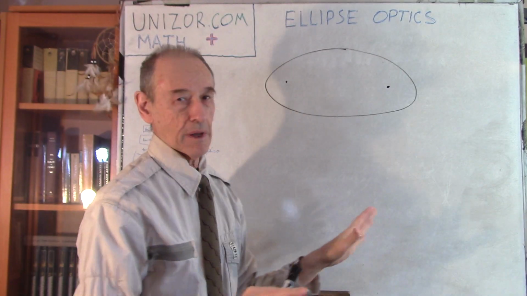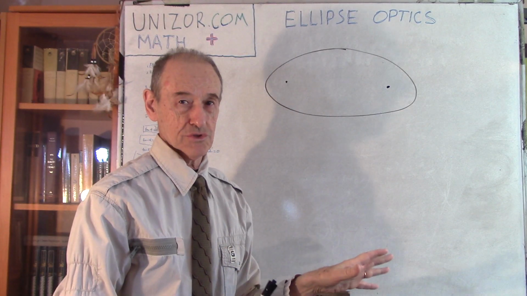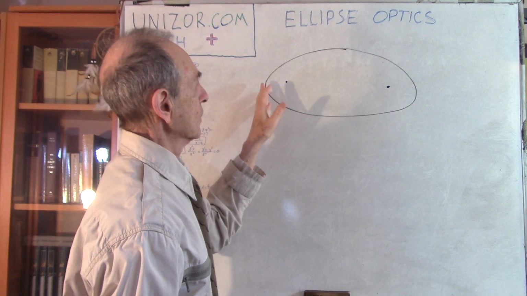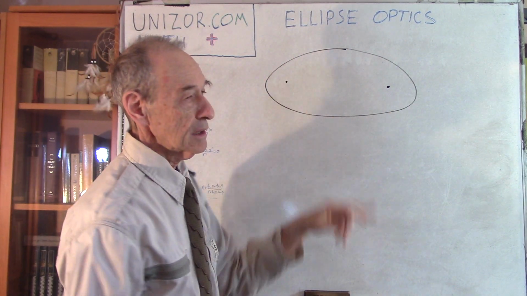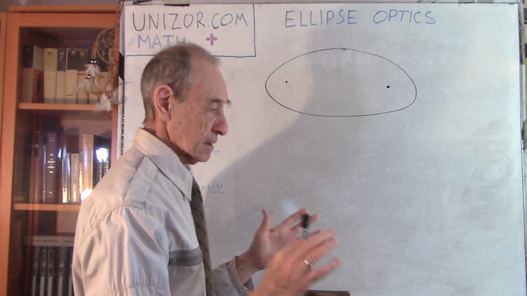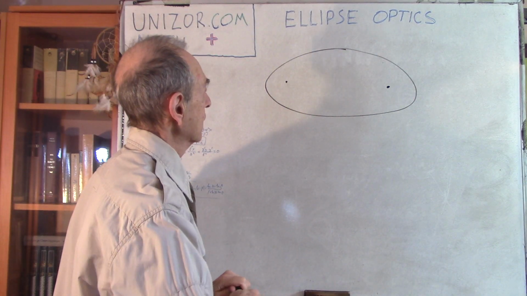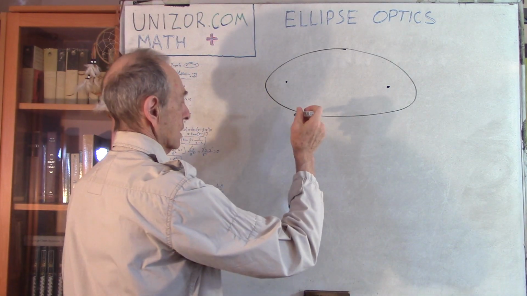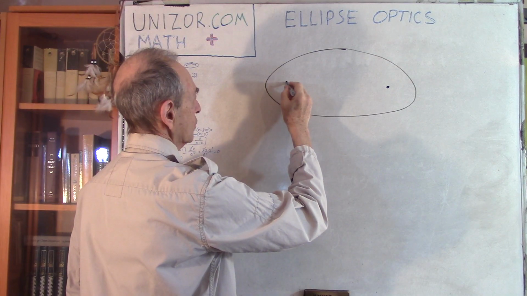But forget about the physics and forget about the three-dimensional world. It's a two-dimensional world, and we have a contour of the ellipse which we assume to be reflective, and I'll explain the details of this. So it's like a mirror basically.